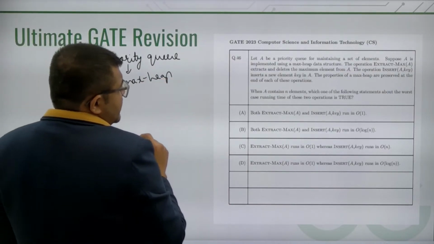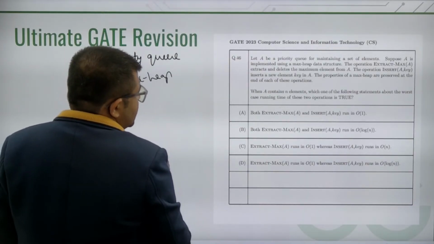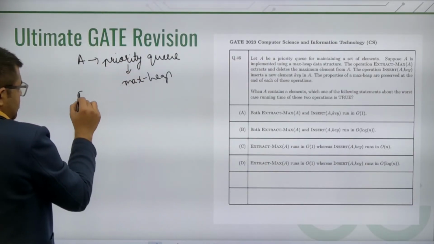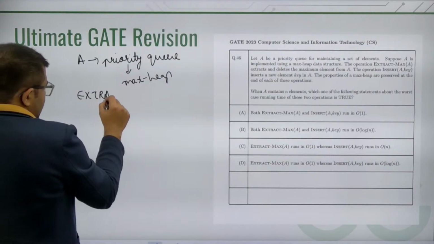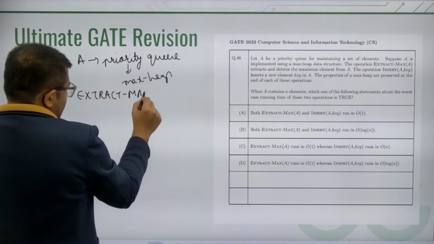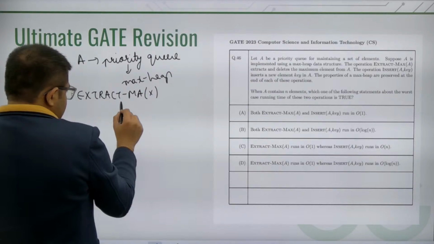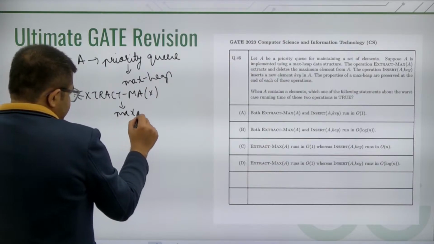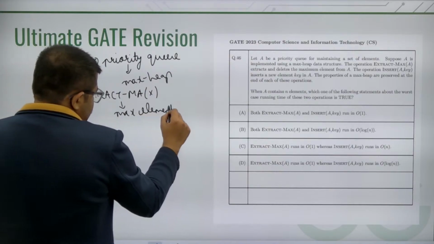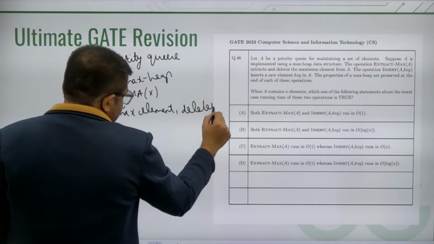The operation extract max A extracts and deletes the maximum element from A. The operation extract max A gives you the maximum element value and also deletes it.